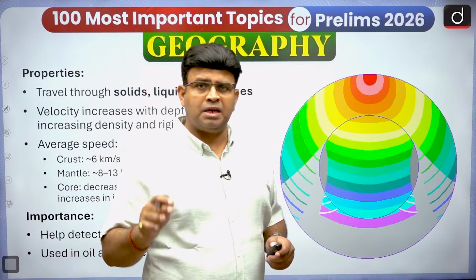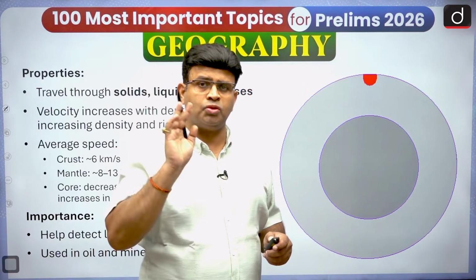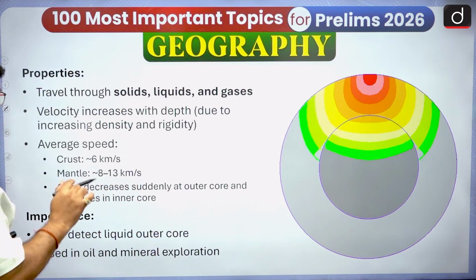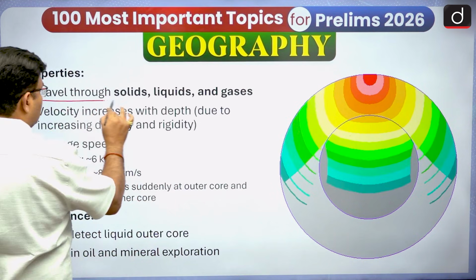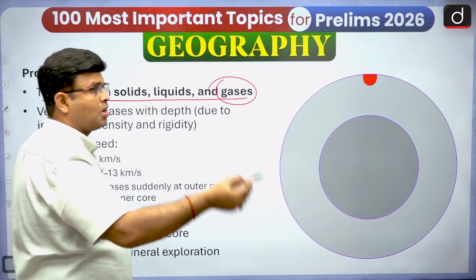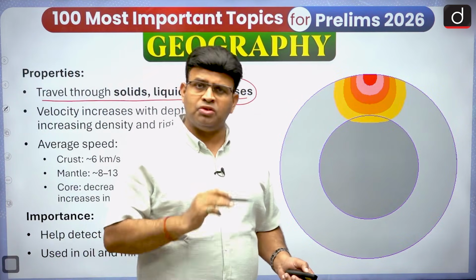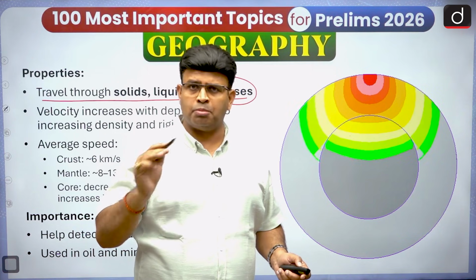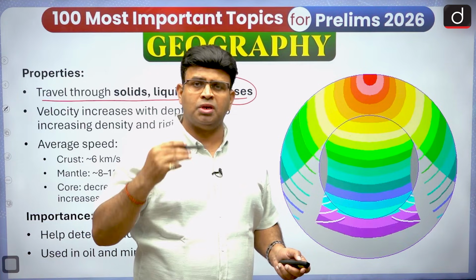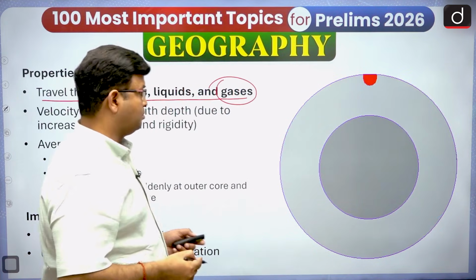Therefore we can say that P waves can pass through solid as well as liquid. Understood? So it can travel through solids, liquids and gases, but in the interior of the earth gases do not exist, so we cannot say that. But generally, longitudinal waves, compressional waves or P waves move through solid, liquid and gaseous media.